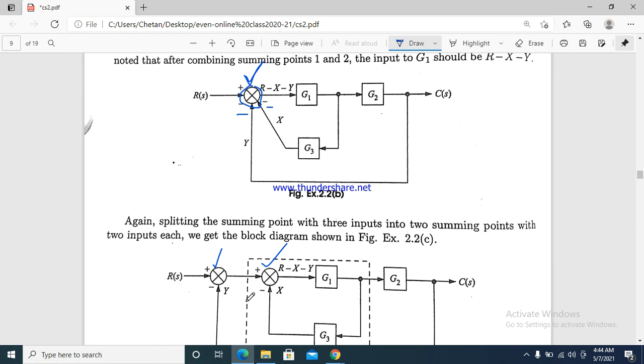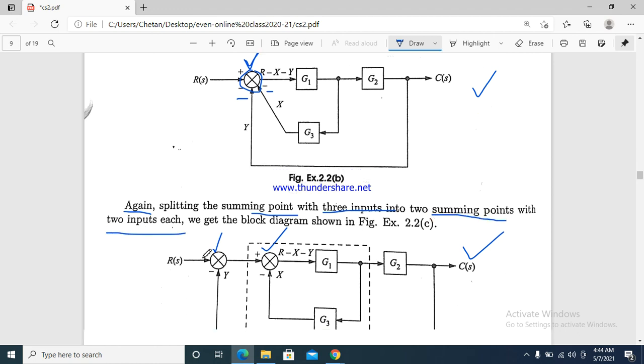It will remain the same as it is. Whatever effect you get at the output side with only one summing element, that same effect can be seen when you split this summing element. Here you can see they have written again, splitting the summing point with 3 inputs into 2 summing points with 2 inputs each. We get a block diagram like this.